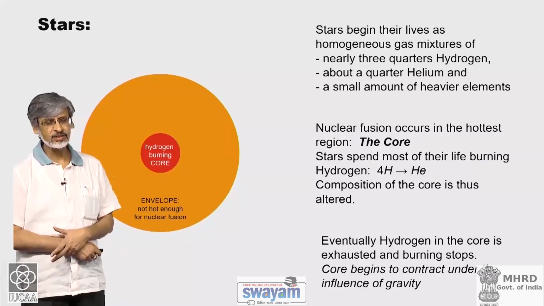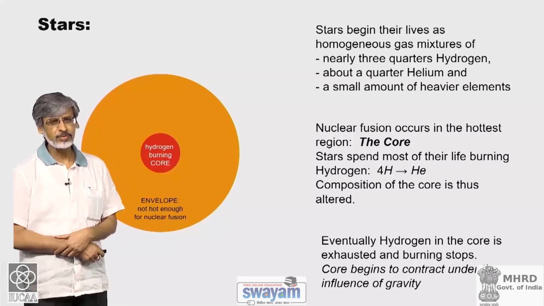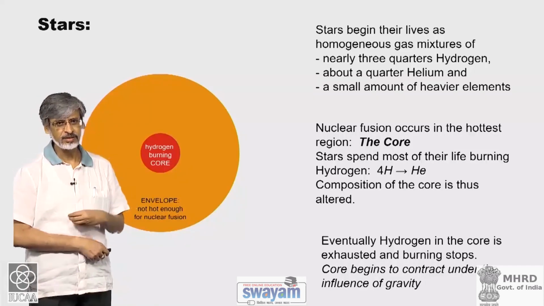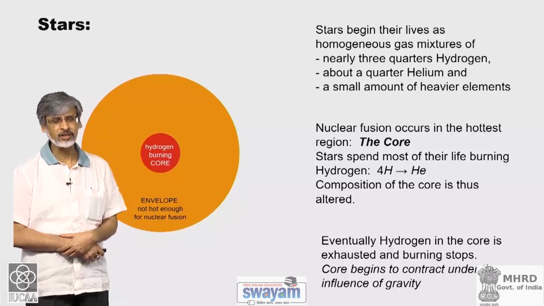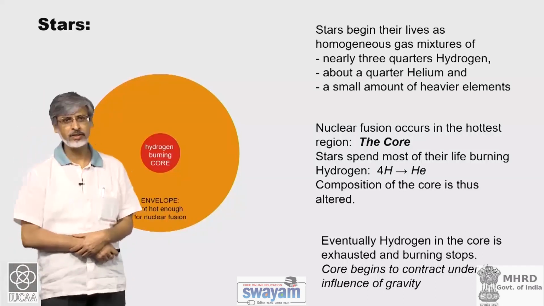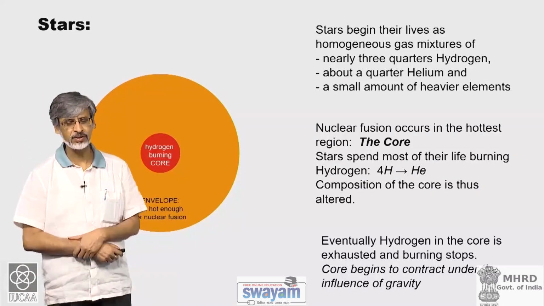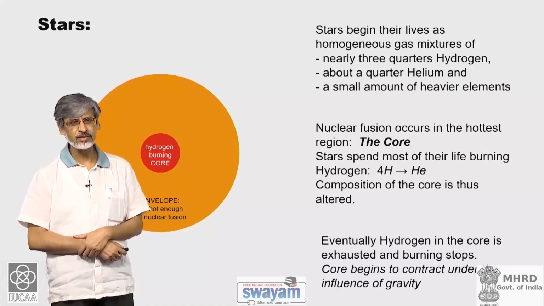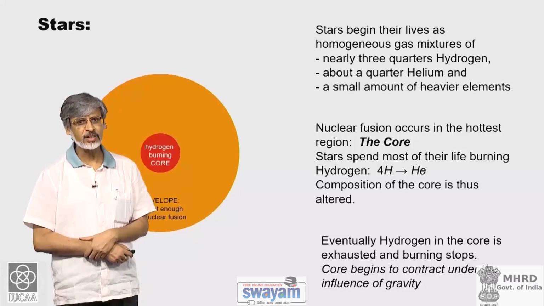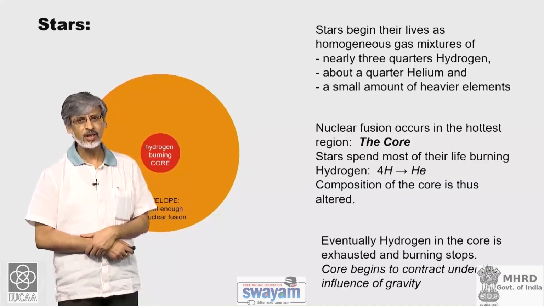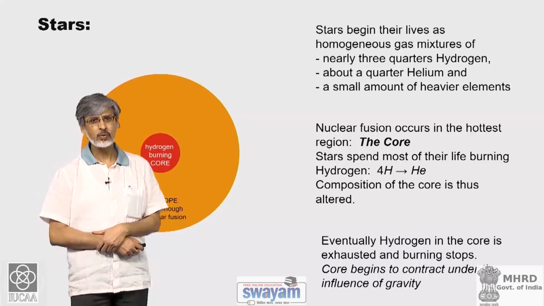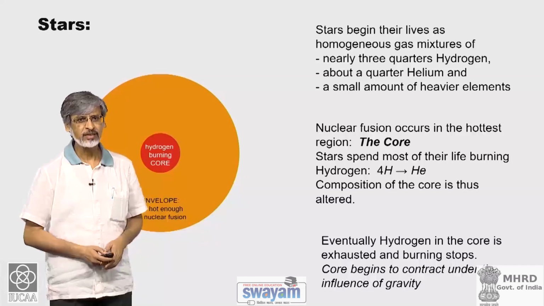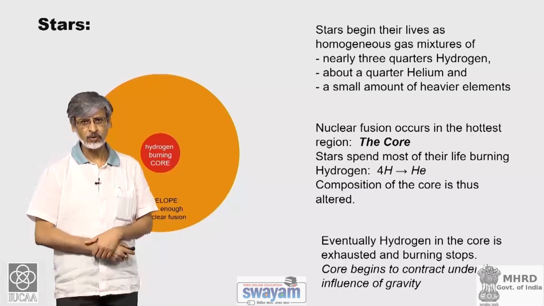In the gas globe that the star is, the surface temperature is much lower than the central temperature, and it is the temperature gradient from center to the surface that allows the heat to escape from the interior to the outside. So, the center is the hottest, and the region around the center, which is hot enough to start nuclear fusion, is where the nuclear burning begins. This region, which is marked in red over here, is called the core.